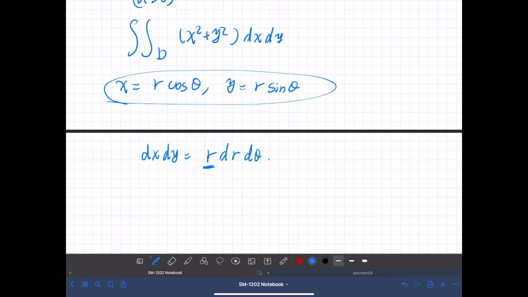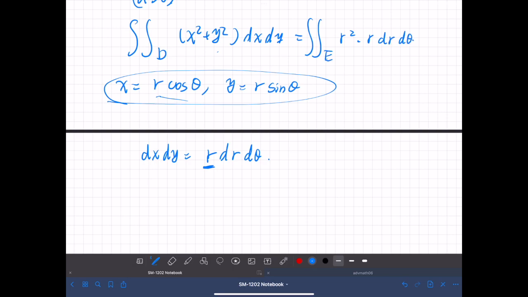Of course, x squared plus y squared in terms of the polar coordinates is just r squared, right? So this is r squared and r dr d theta.